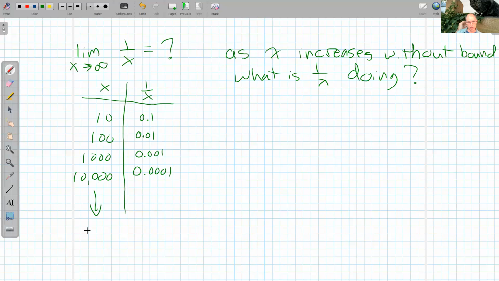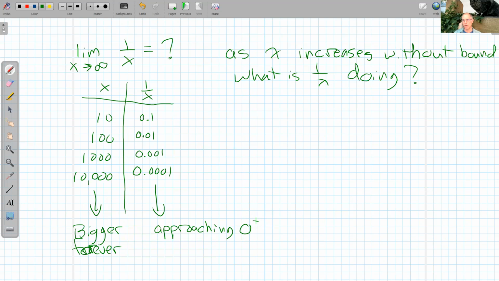So as these X values get bigger forever, these Y values over here seem to be approaching 0. But notice, since I'm plugging in a positive number, the reciprocal is always positive. So we're approaching 0, we could say from the right side, but really it's from above in this case.